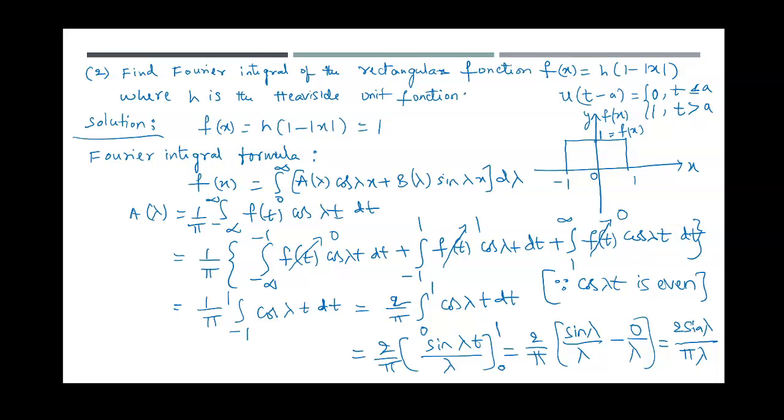Now let us see b(lambda). b(lambda) equals 1 by pi integral minus infinity to infinity f of t sin lambda t dt. Here also we get the integral from minus 1 to 1 only, because in the remaining intervals the function is 0. So here the value of f of t is 1.